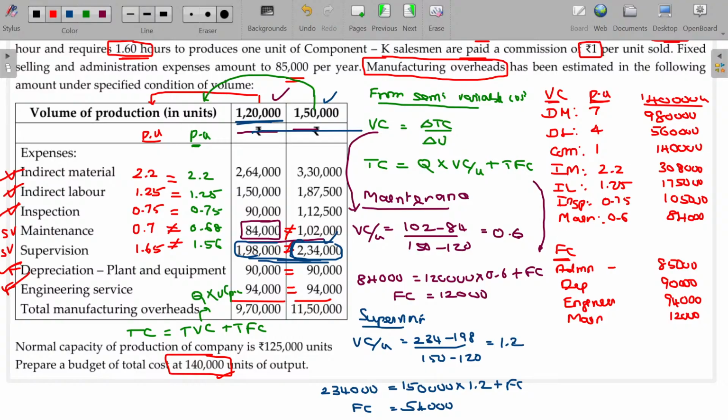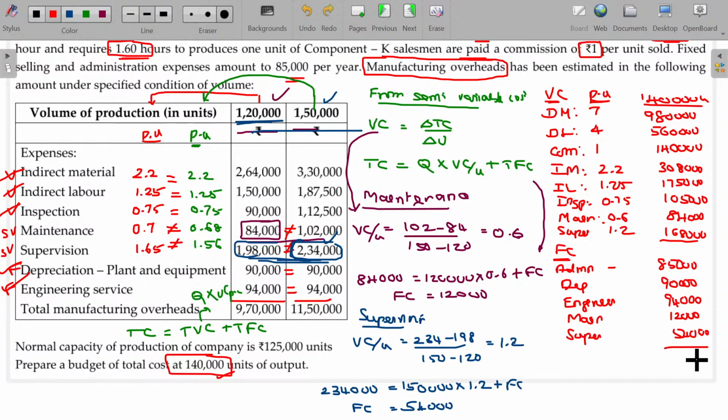So supervision per unit value being 1.2 and supervision in total 54,000. Per unit being 1.2 means you multiply with 140,000, you will get 168,000. Get the total fixed cost and total variable cost. Total variable cost being 22 lakhs.